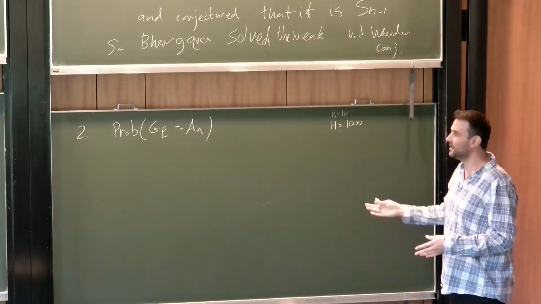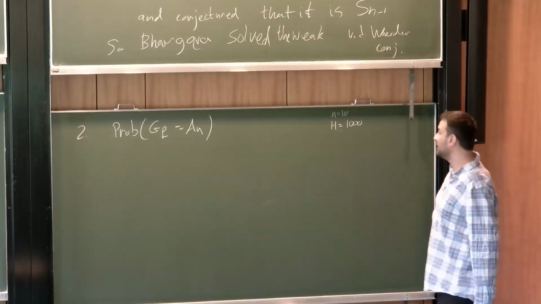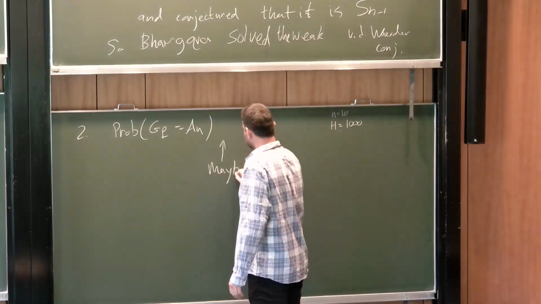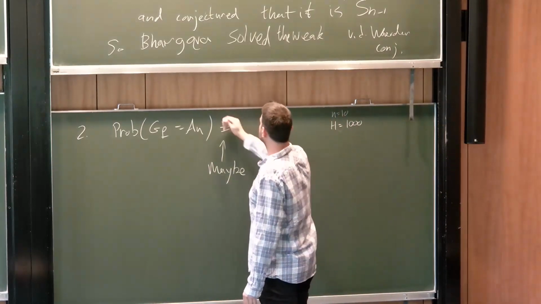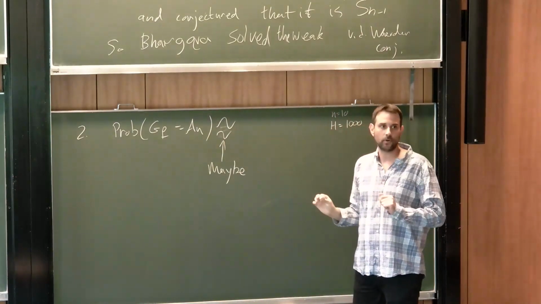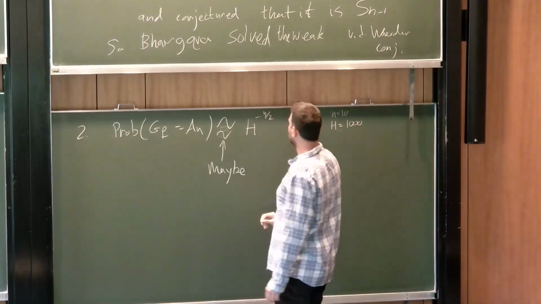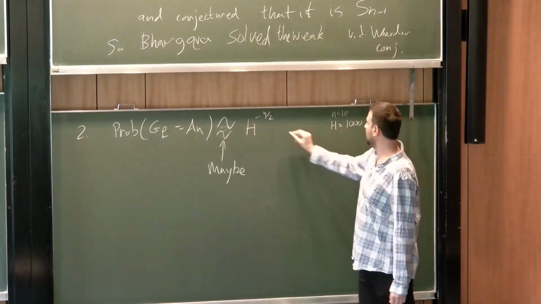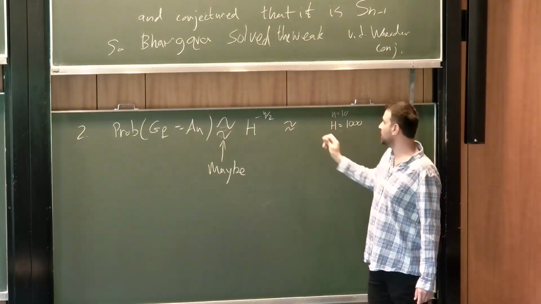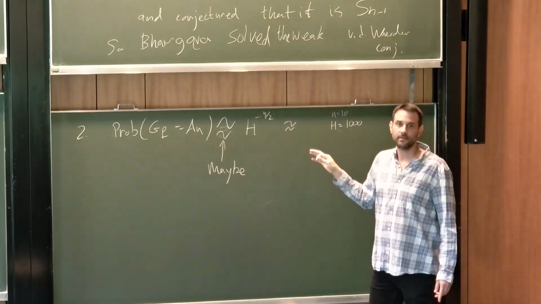But it's very difficult to do numerics here, even for n equal 5. But maybe it is something like, I write it like this because I don't want to get all kinds of log factors, H to the minus n over 2. In this case, how much is it? How much is 1,000 to the minus 5?